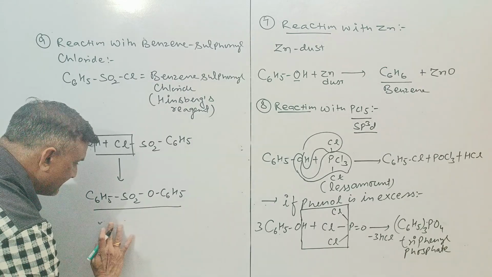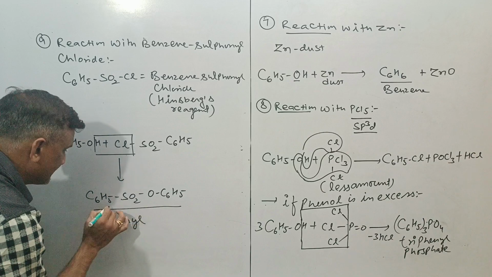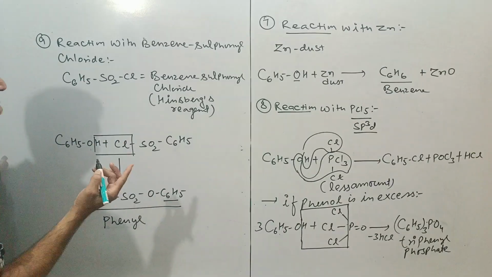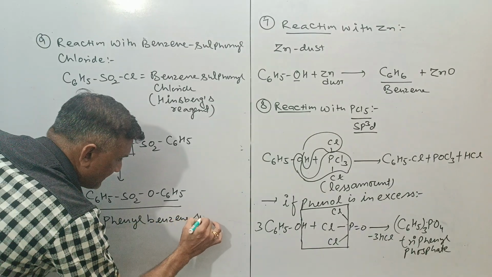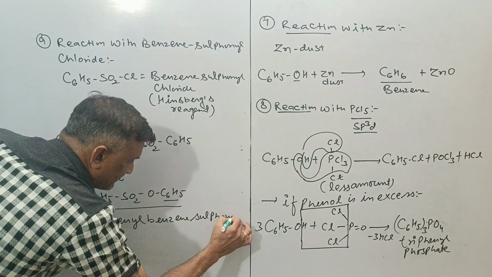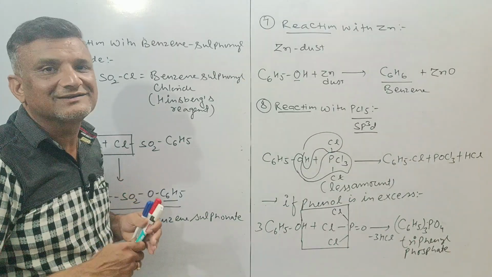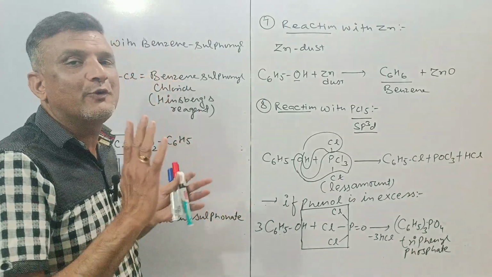This is the formation of phenyl benzene sulfonate: C6H5 is phenyl, and the rest is benzene sulfonate. This was about the ninth reaction, among the reactions in which the cleavage of the OH bond takes place.